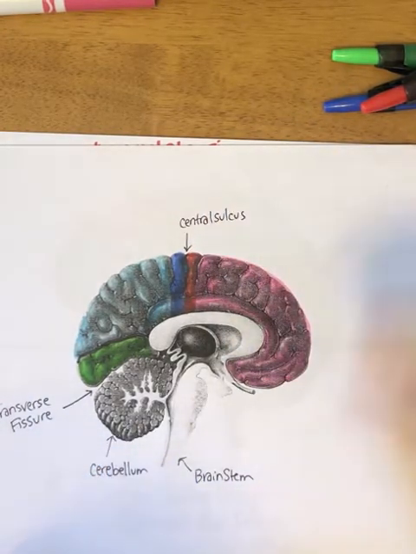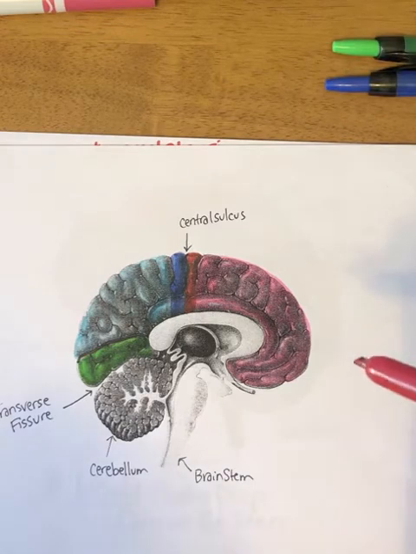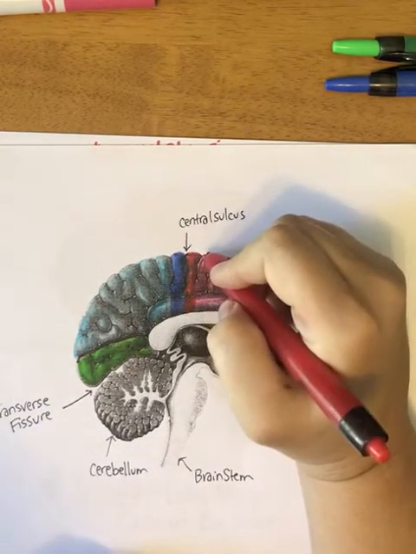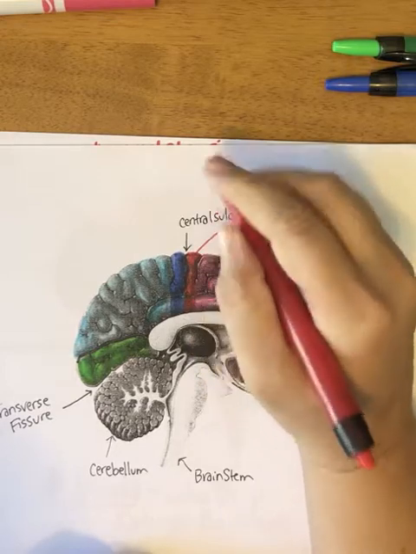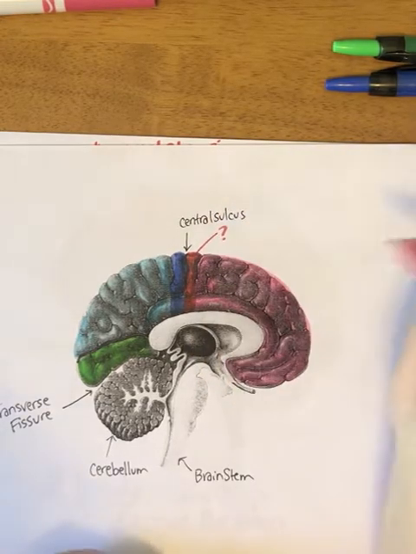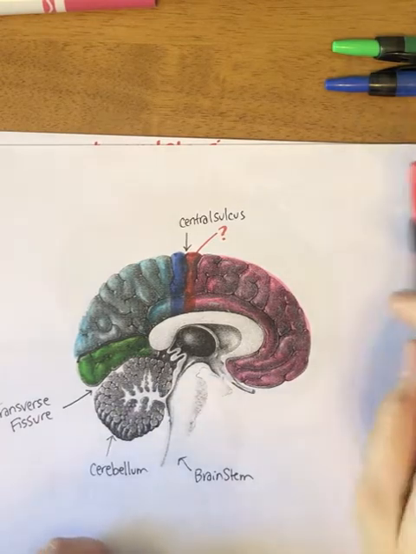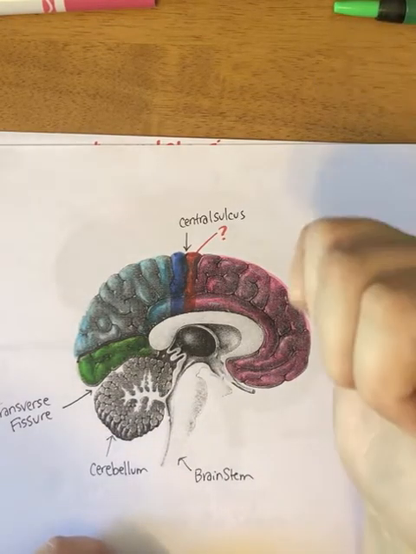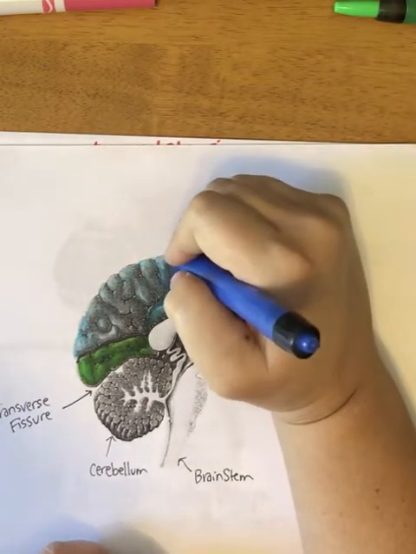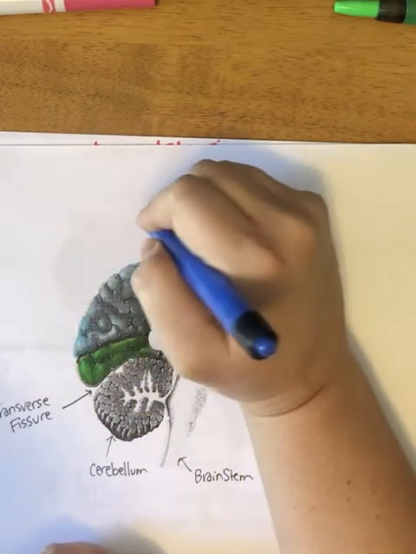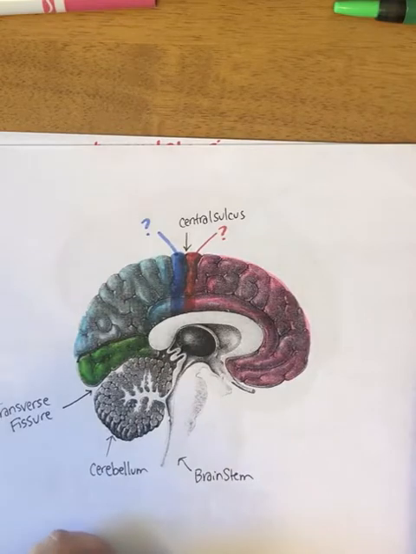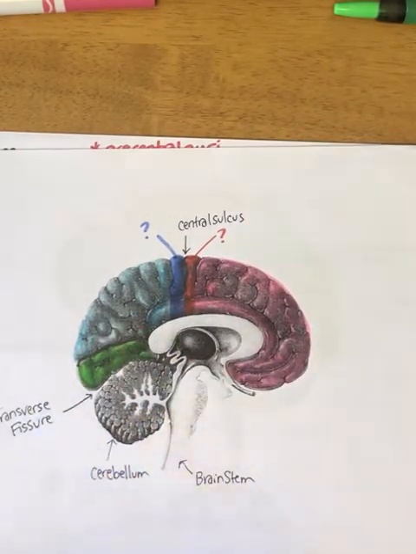What is the name of the gyri anterior to the central sulcus named? Precentral gyri. What is the name of the sulcus or the gyri behind the central sulcus in the parietal lobe? Postcentral gyri.